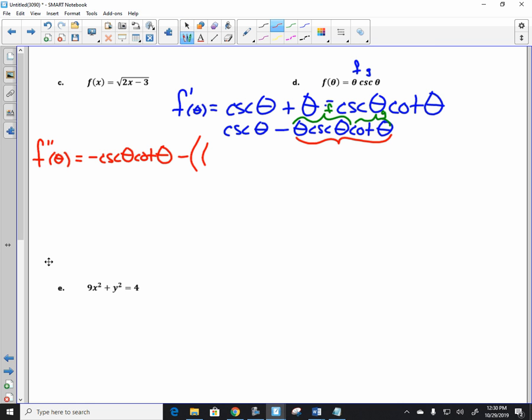I have cosecant of theta minus theta cosecant of theta cotangent of theta, times what? Cotangent. We're doing f prime g, so g is cotangent of theta.